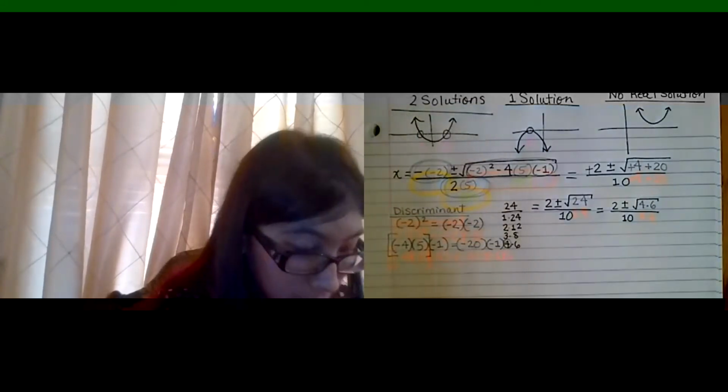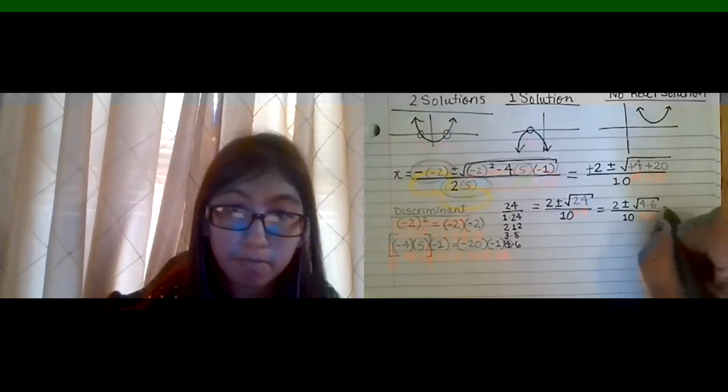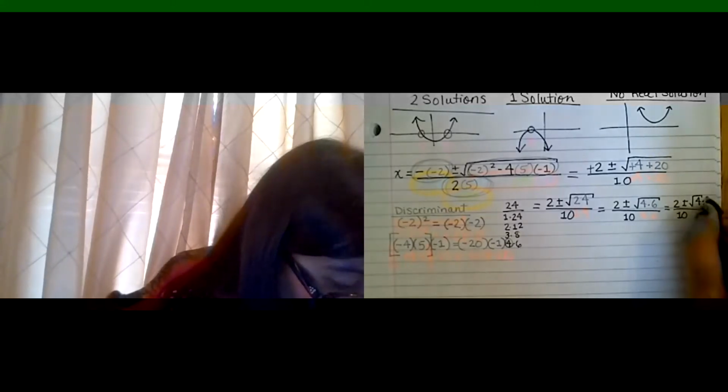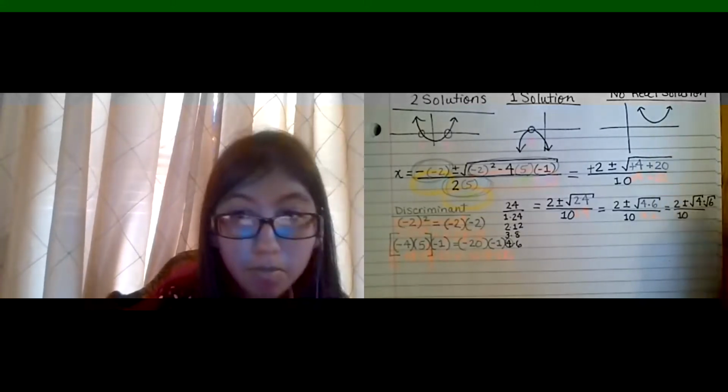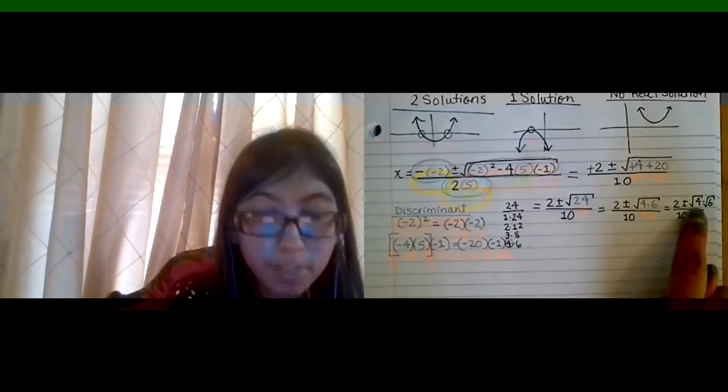Now, we had learned that with radicals, we can break it apart even more. So that would be 2 plus minus, and my 10. I could say the square root of 4 times the square root of 6. Now, you already told me that the square root of 4 is 2.